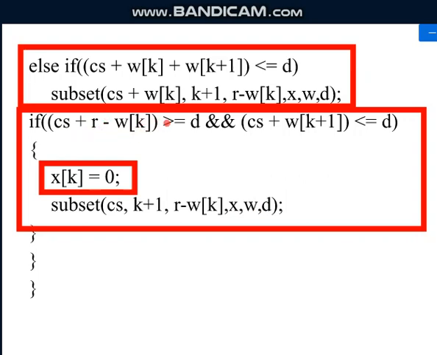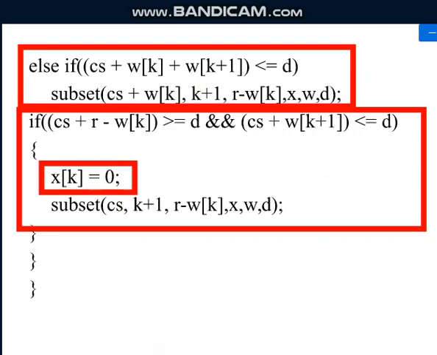If it is greater than the given value, and so current sum, you have not included weight of k, you are including weight of k plus 1. So if that is still less than the given value d, that means you are excluding that current element and moving with the next element. Okay, so that is how you are writing the recursive algorithm here.